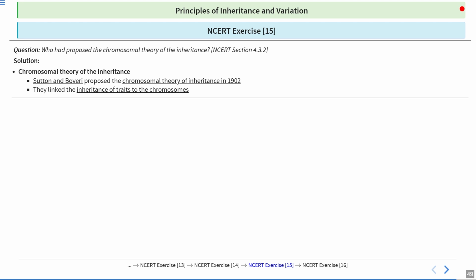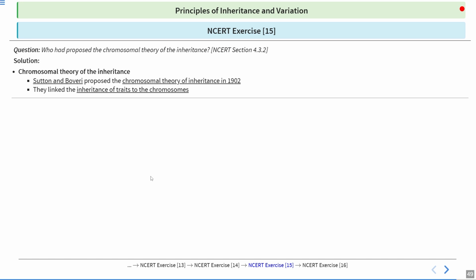And what did Boveri and Sutton say in the chromosome theory of inheritance? They explained Mendel's law using chromosome movement. At that time there were advanced microscopes, so you could study cell division under the microscope and see the movement of the chromosomes. So they explained Mendel's law of inheritance by chromosome movement.